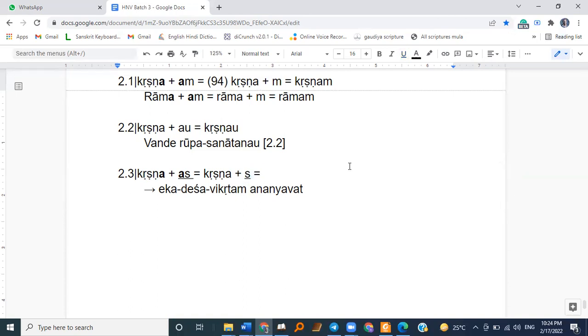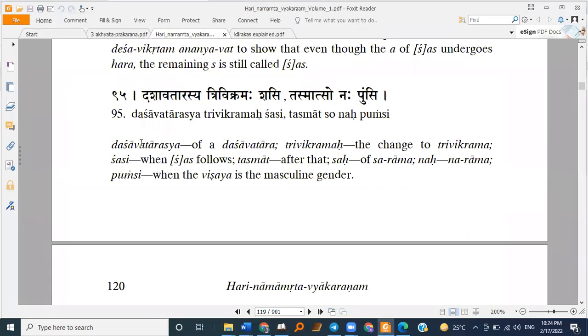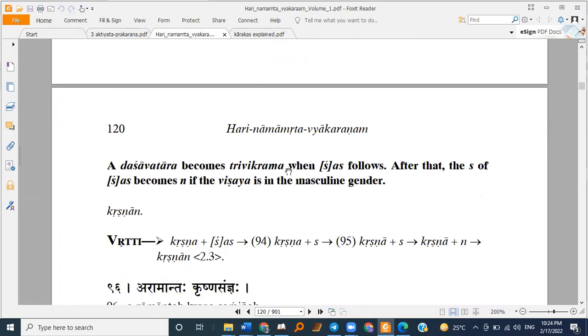Okay, then we have this next sutra, Sutra 95. Dashavatarasya Trivikramaha Shasi Tasmat So Naha Pumsi. A Dashavatara becomes Trivikrama when Shas follows. So there are two parts in the sutra.